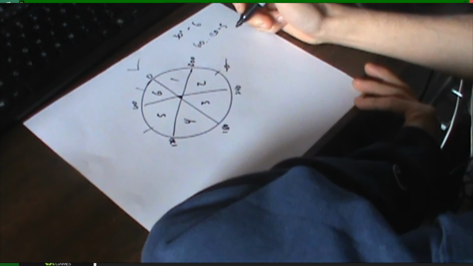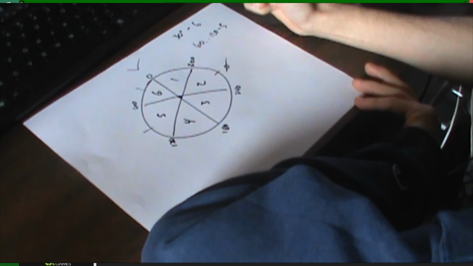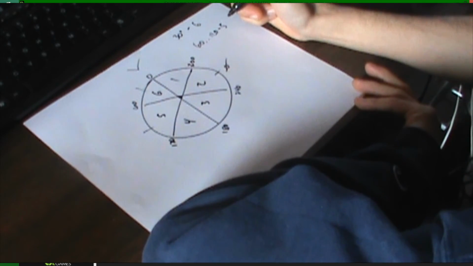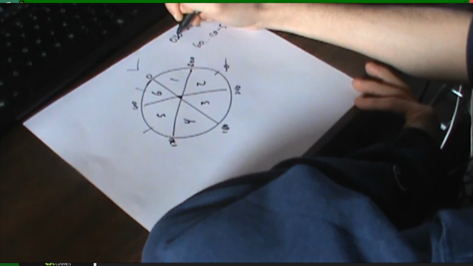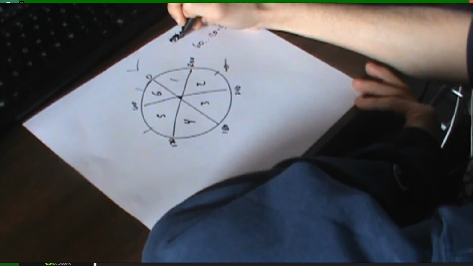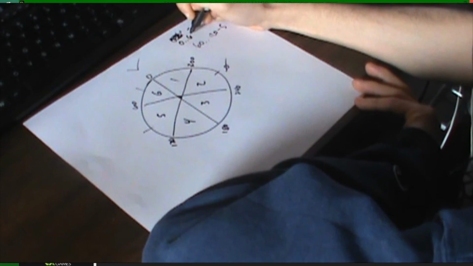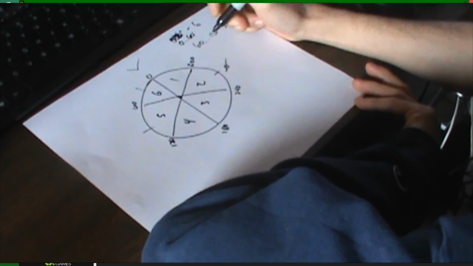I think I'm going to write out a range for all of these. So 0 to 60. That looks horrible. 0 to 60 degrees is going to be a 6.